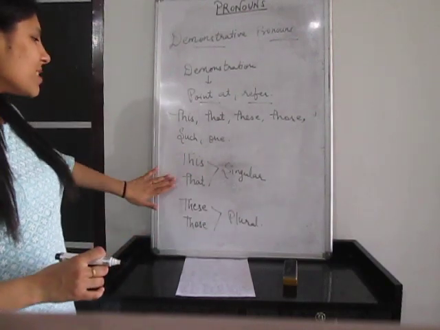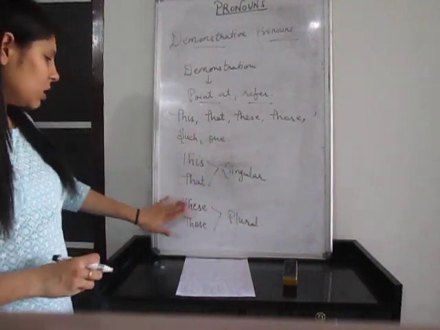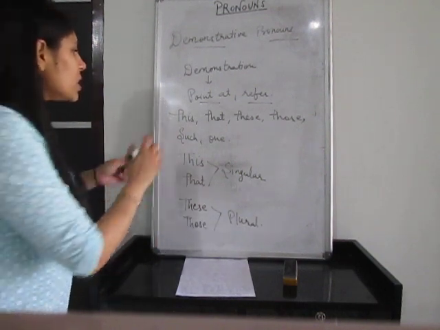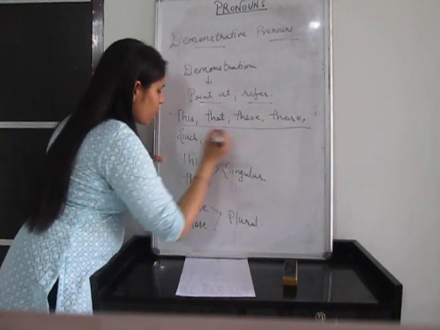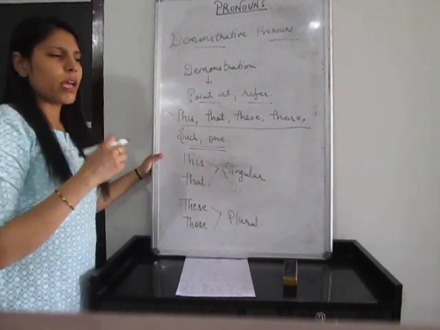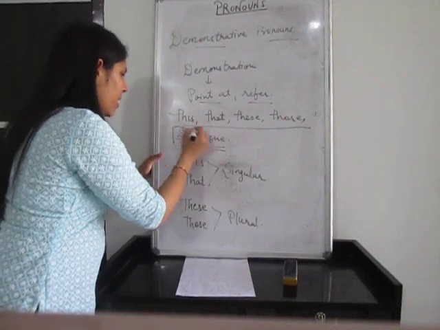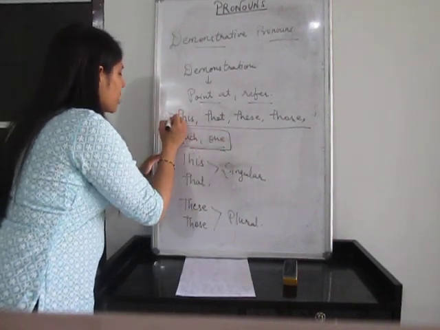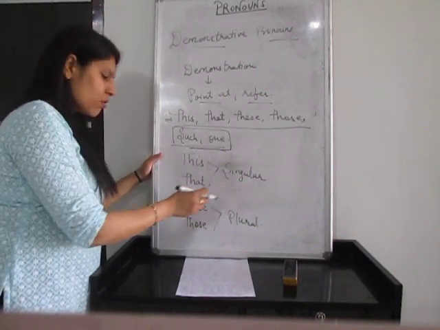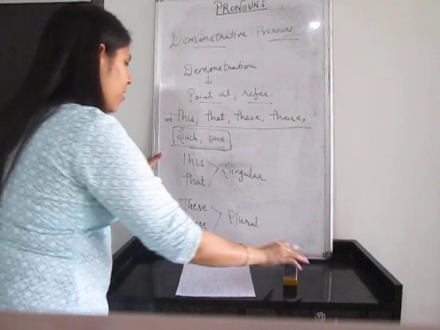So this and that are used for singular, these and those for plural. Generally these four are our major demonstrative pronouns. Such and one are very rarely mentioned in our books, but we'll talk about them. So let's talk about our major demonstrative pronouns first.